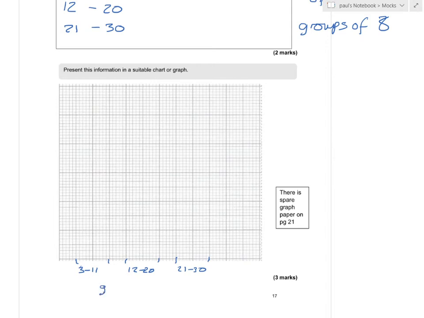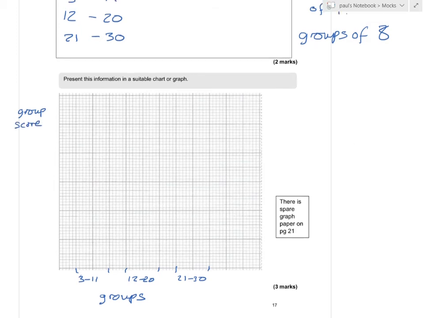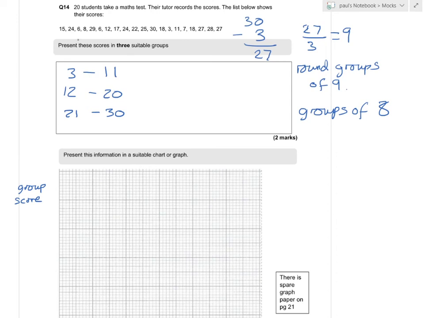So these are the groups, and this is the group score. So now we've got to find out what the total is of these groups.